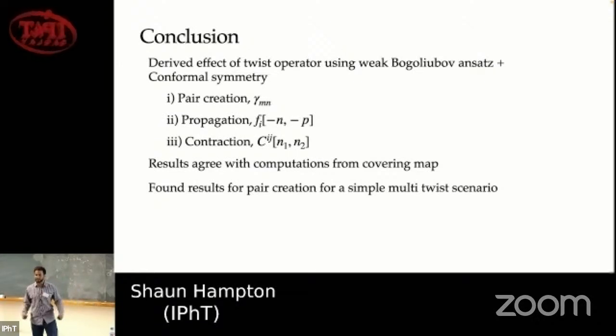These are the three main processes that you'll get. And we've shown that the results agree with the methods from the covering map, and we were able to find, at least in a simple, very symmetric scenario, the coefficients of pair creation for a simple multi-twist scenario.